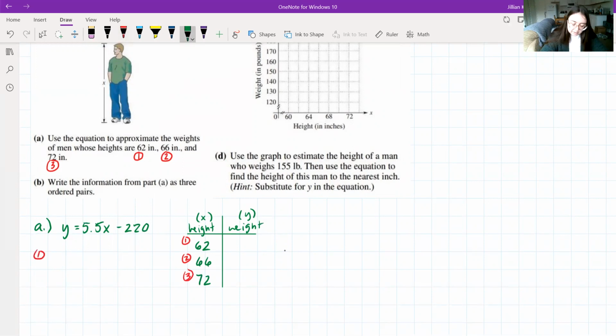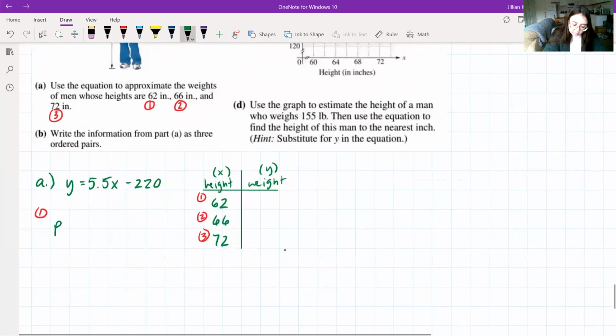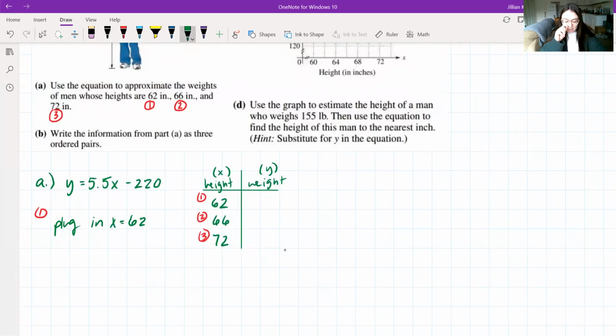So starting with our first calculation, we're going to plug in x equals 62 into our equation. y is equal to 5.5 times 62 minus 220. 5.5 times 62 is going to be 341 minus 220, which is going to give us 121.